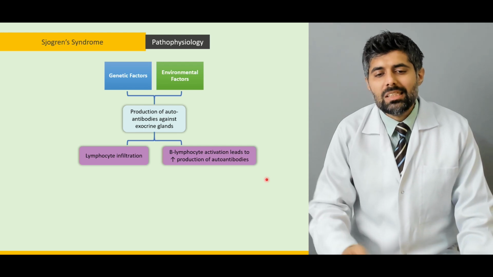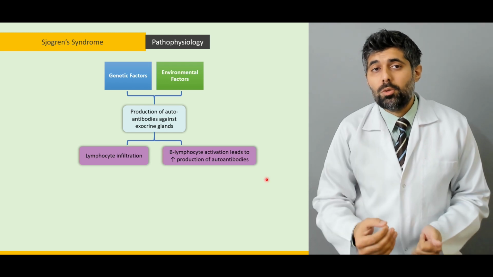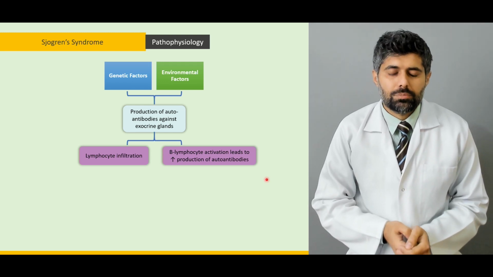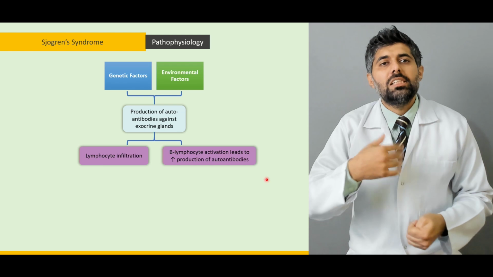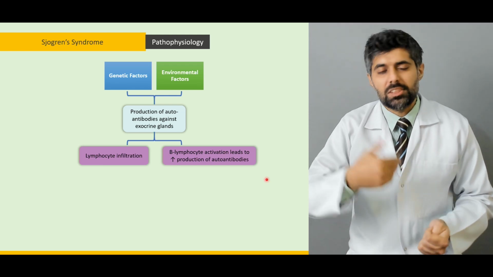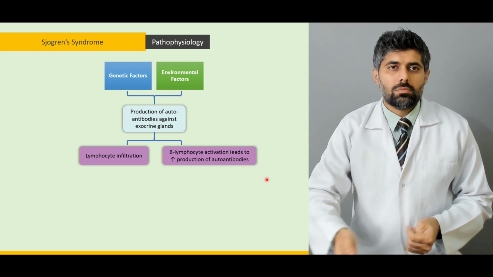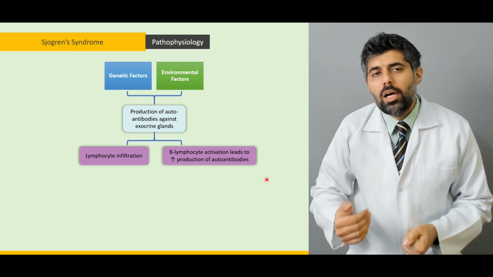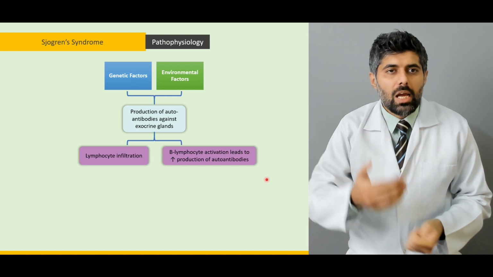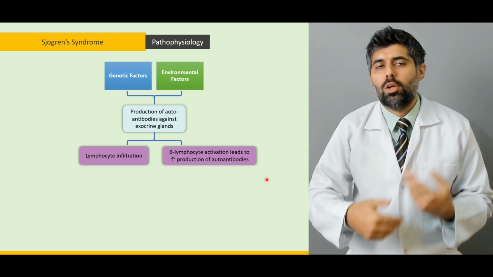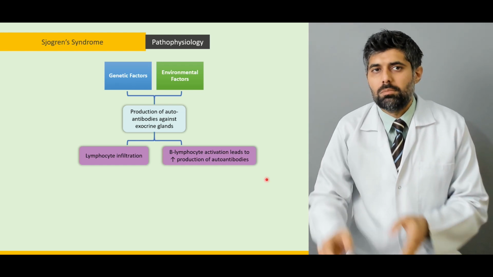Now, along with this, the B lymphocytes that have infiltrated these glands also start to show hyperreactivity. So this begins a vicious cycle where there's an increased infiltration of B lymphocytes inside the exocrine glands, and then they show hyperreactivity, which produces antibodies. Autoantibodies then again cause further infiltration, and this cycle goes on and on until the patient has more severe symptoms.